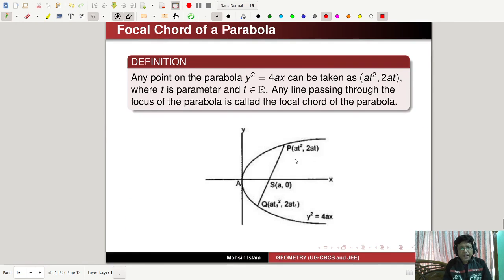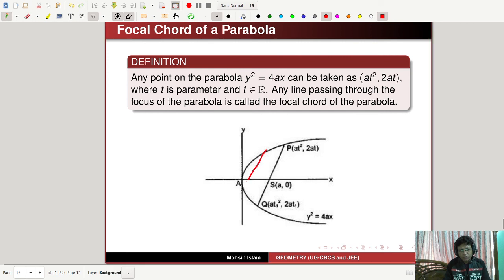Okay, let's now talk about the focal chord of the parabola. What is the focal chord? Any point on the parabola can be taken as (at squared, 2at), that you have learned. So you take another point Q as (at1 squared, 2at1). PQ is the focal chord of the parabola.